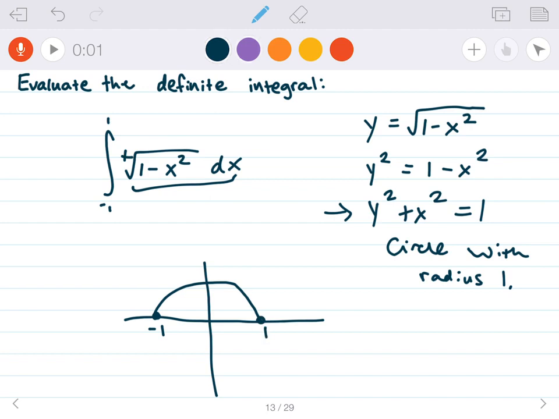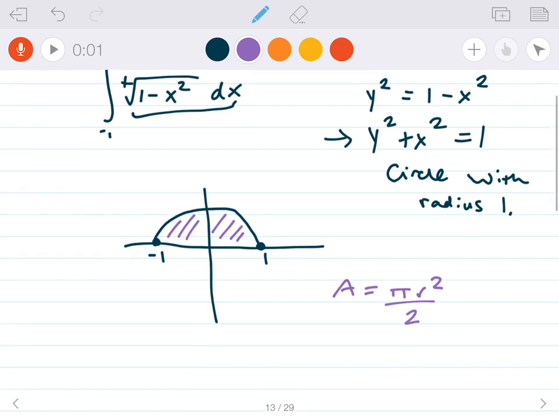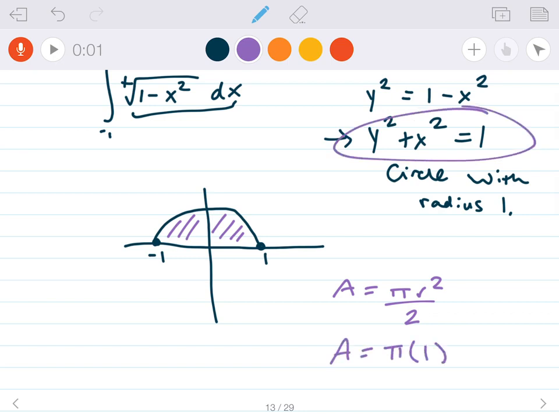So we're trying to figure out what the area of this is. What we can do is just use our formula, pi r squared, but since it's a semicircle, only half of a circle's area, we divide it by 2. The radius here is 1, right, because that's what this form gave me. So the exact area is pi over 2, or about 1.57.